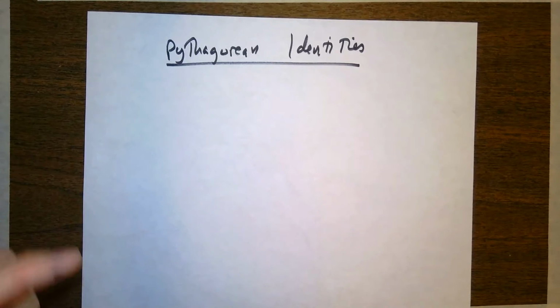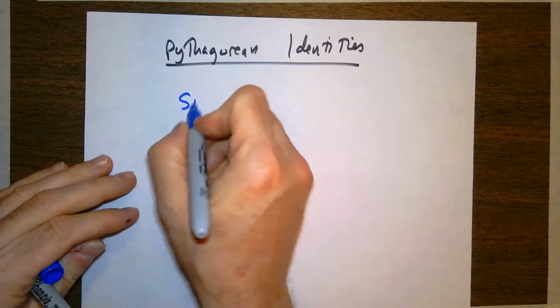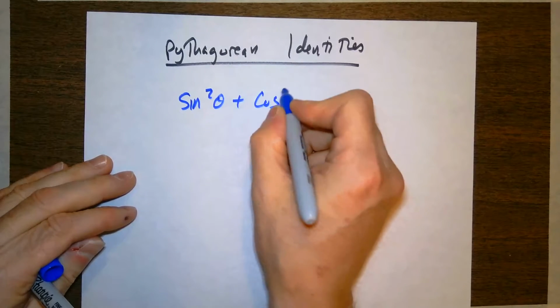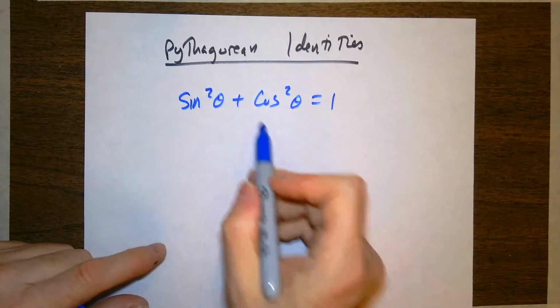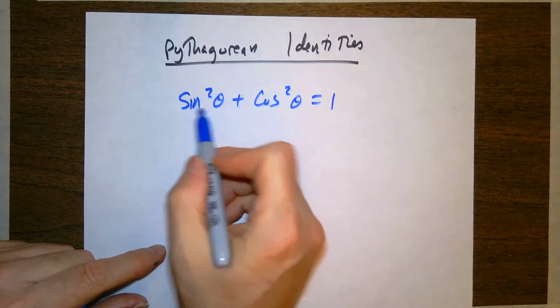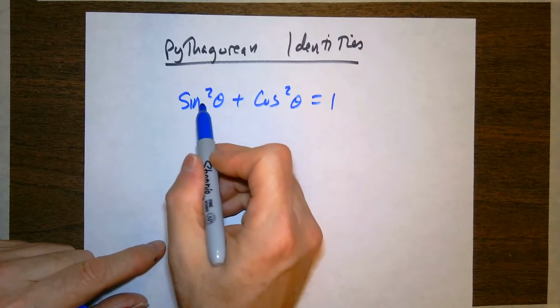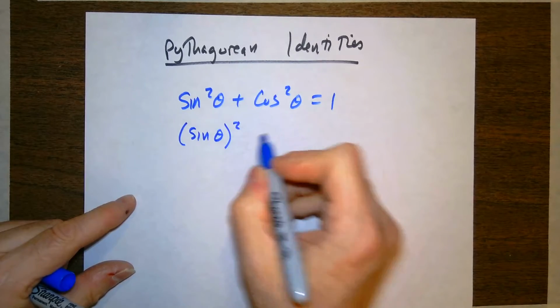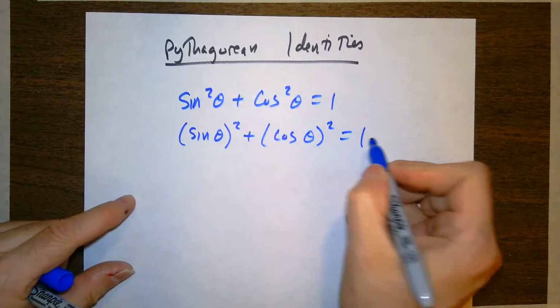First, the Pythagorean identity is the sine squared of an angle plus the cosine squared of an angle is equal to 1. Now, before I explore the other ones, I want to look at this sine squared. What's going on here? What's being squared? Now, this is sine of an angle squared plus cosine of an angle squared equals 1.